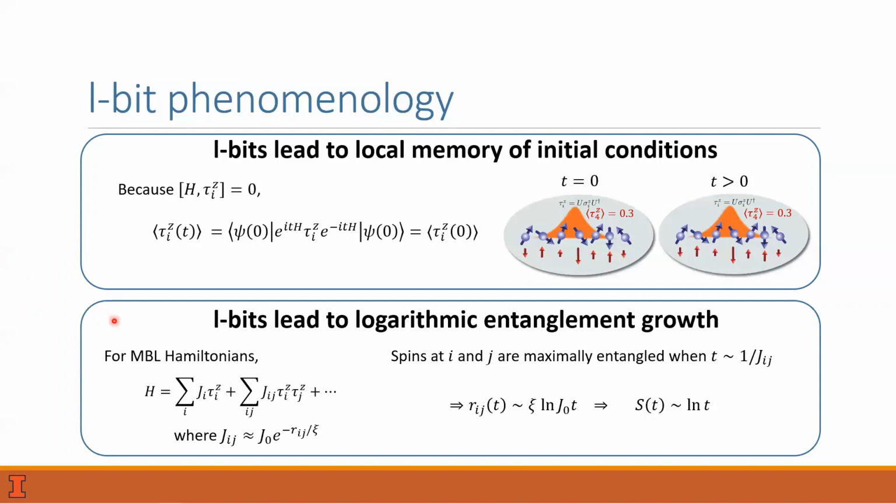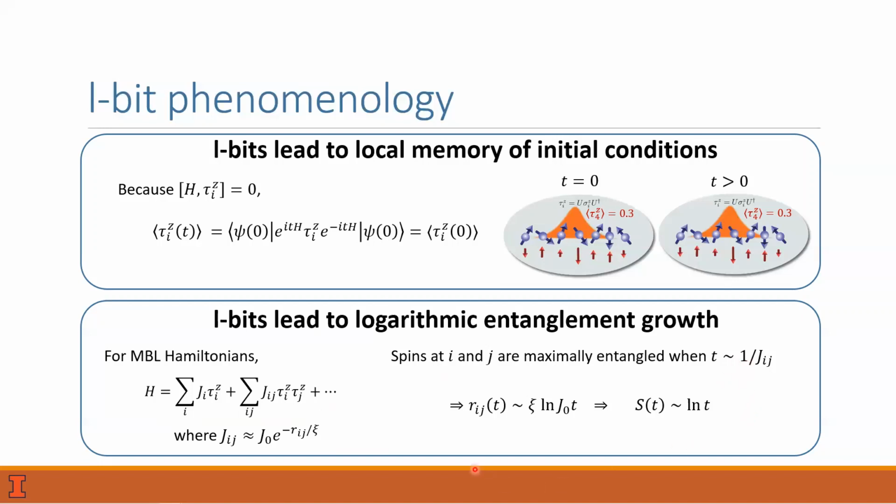Another thing the L bits imply is logarithmic growth of entanglement entropy. Very roughly, I can explain how this works. If you have an MBL Hamiltonian, as I mentioned in the last slide, you can write it like this in terms of the L bits, where because the L bits are quasi-local, these Jij's decay exponentially with distance. So what can happen is if you initially had some state where the spins i and j are unentangled, roughly you need to wait a time 1 over Jij, the inverse of the coupling between the spins, for the spins to become maximally entangled.